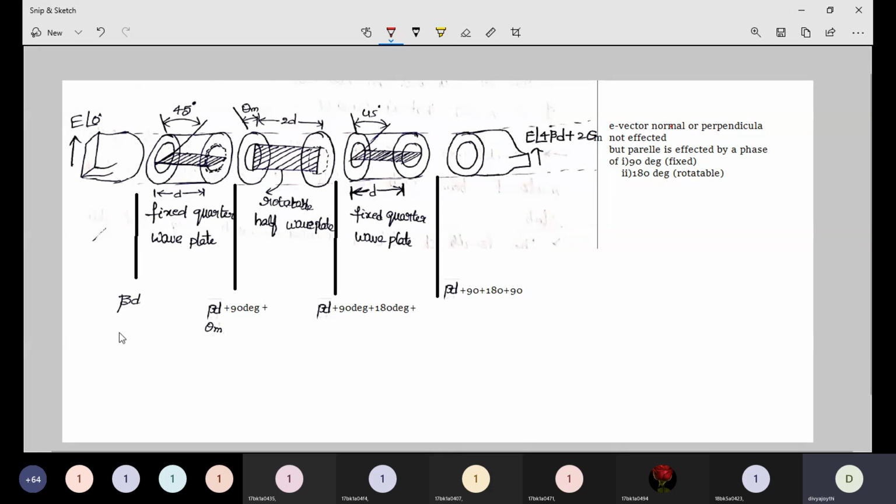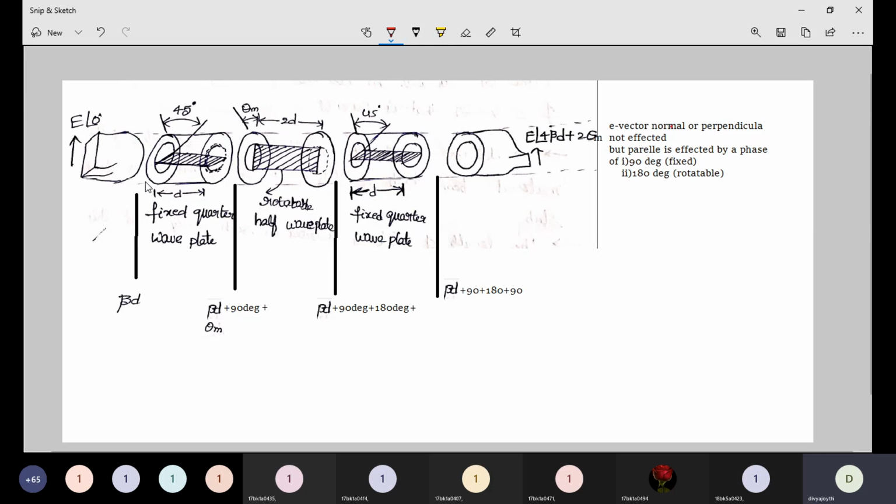Initially the wave is said to have a phase shift of beta d, and soon after it passes and comes out of this first fixed waveguide, it is said to have a 90 degree phase shift if that electric field vector is parallel. If that electric field vector is perpendicular to this particular dielectric plate, then the wave is not going to have any phase shift.